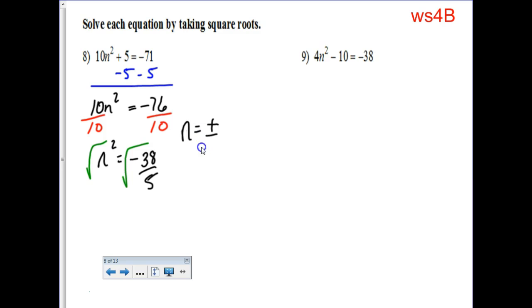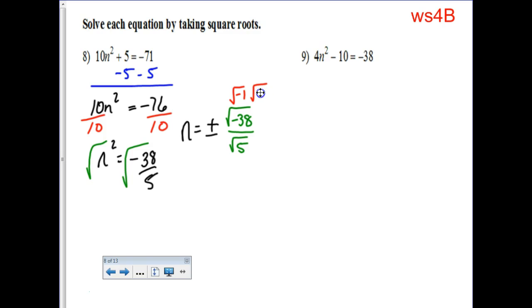And then I have the square root of negative 38, which is different than the square root of 5 in the denominator. So I'm going to look at each of those radicals individually. The square root of negative 38, it does technically reduce, because negative 38 you could think of as the square root of negative 1 times the square root of 38. Now 38 as a number does not have any perfect squares in it, right?